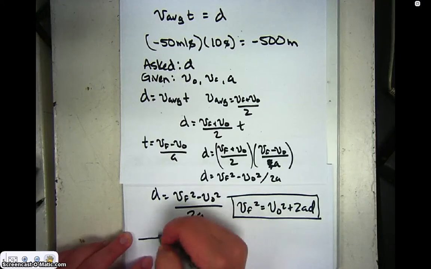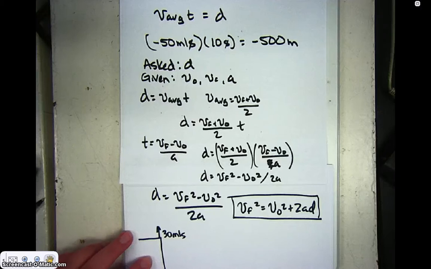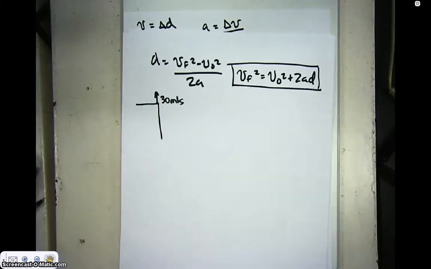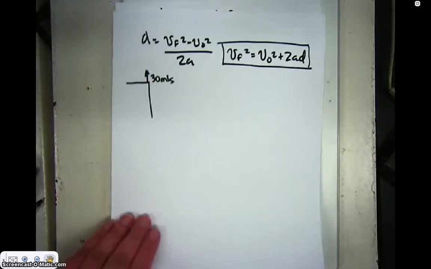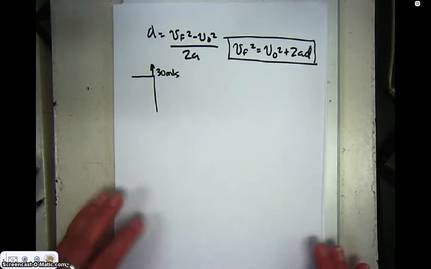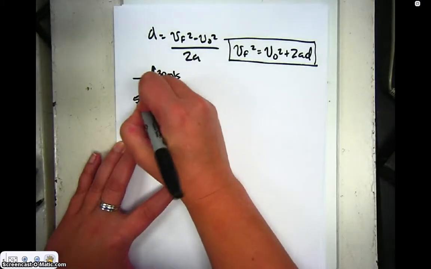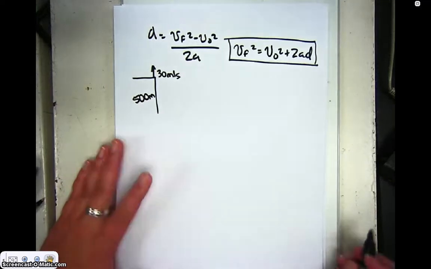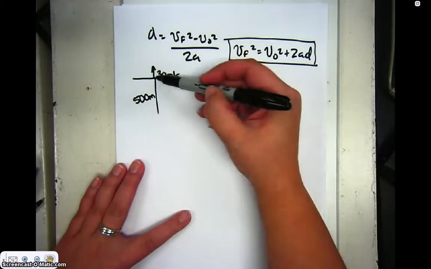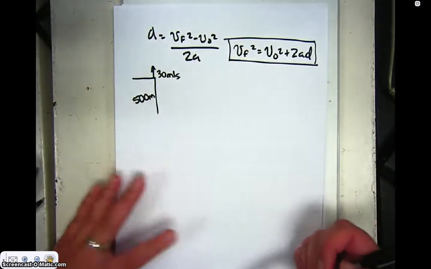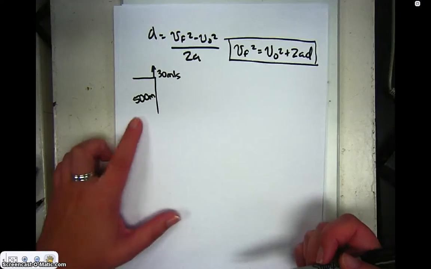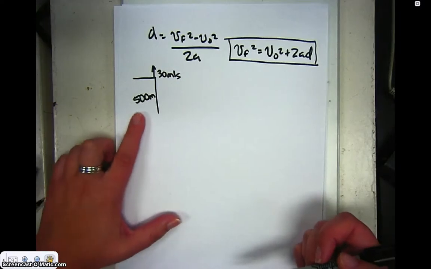And now I throw the ball up at 30 meters per second to begin with. My cliff is still 500 meters. And because the ball starts and ends at the same place, even if I just throw it up in the air, that is going to be my D displacement.